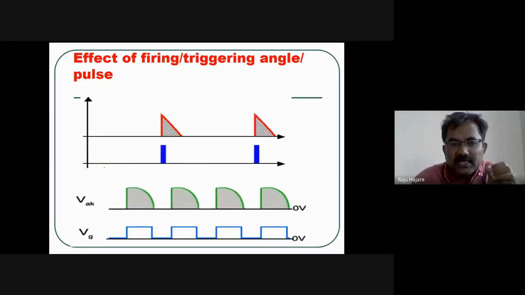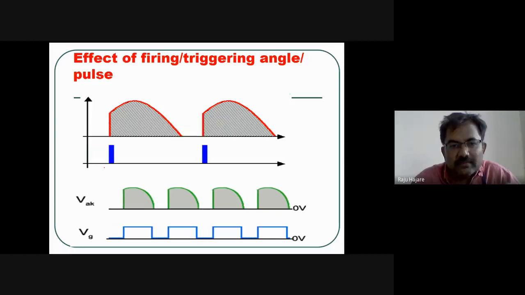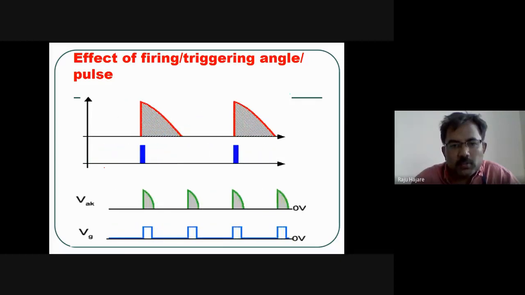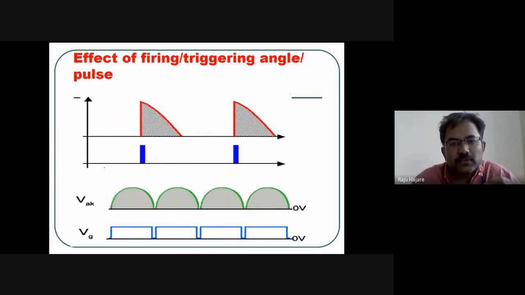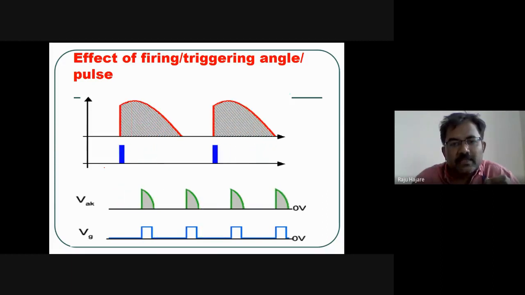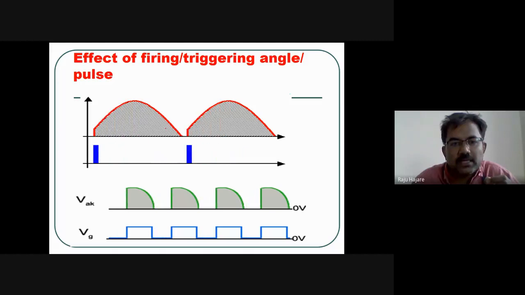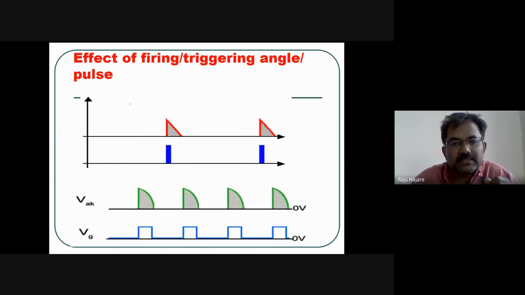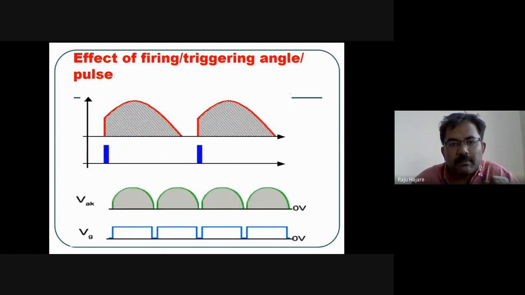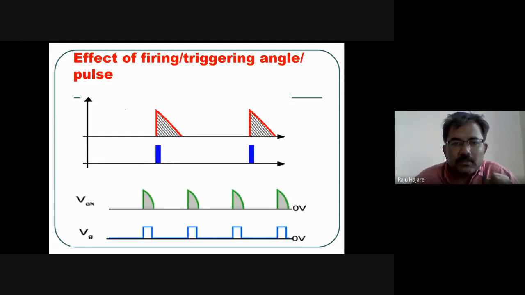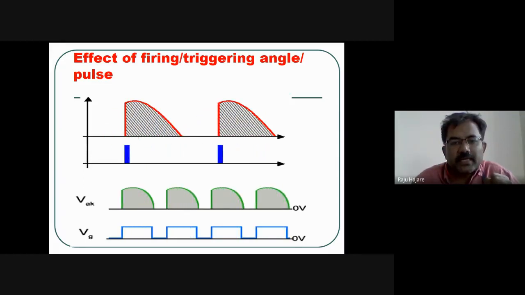If alpha is 30 degrees, the conduction you can observe at the output is from 30 degrees. If you turn on at 90 degrees, exactly half of this rectified wave is what you get, exactly half will be available from 90 degrees to 180 degrees.